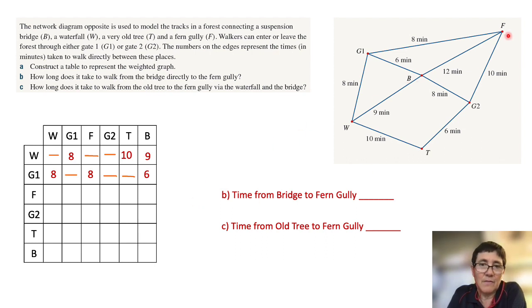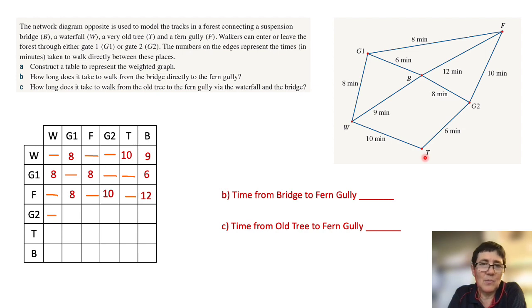Now I'm at the Fern Gully. F to the waterfall doesn't exist. F to gate 1, 8 minutes. F to F doesn't exist. Oh, F to gate 2 is 10. F to the very old tree doesn't exist, and F to the bridge is 12 minutes. Okay, and I can keep going.